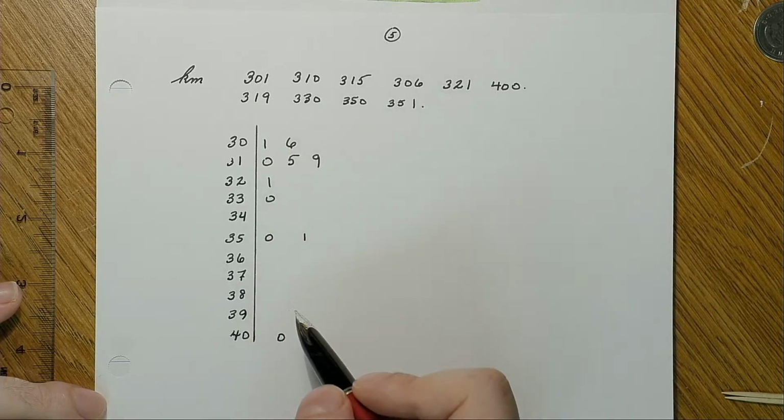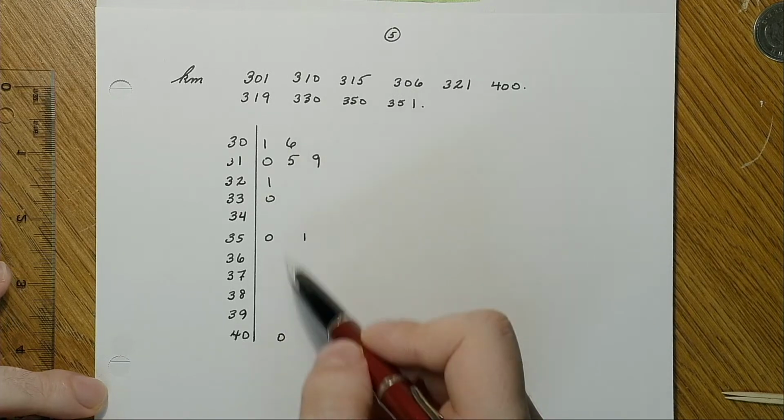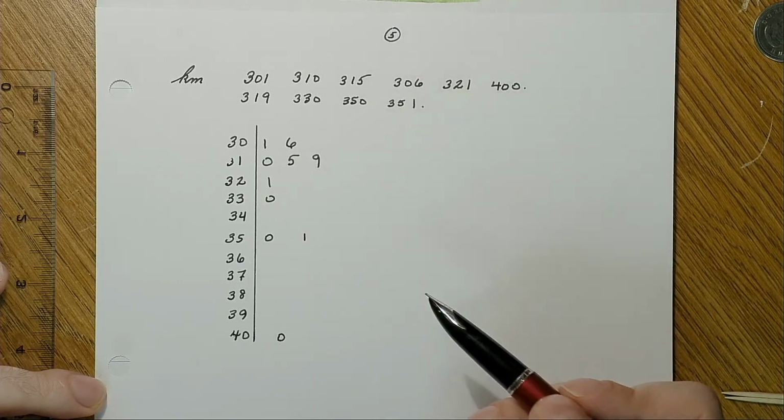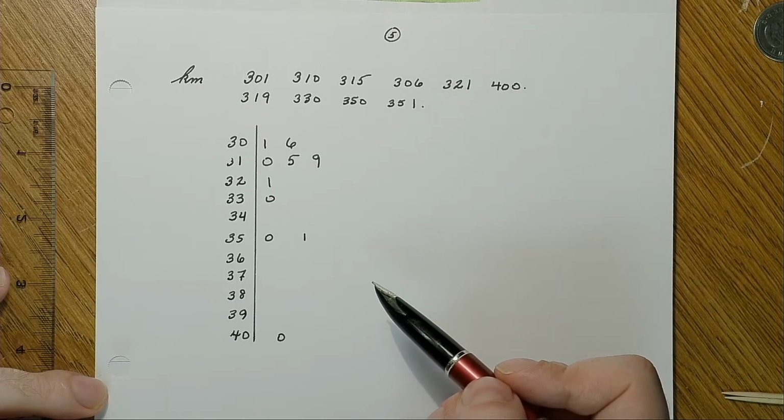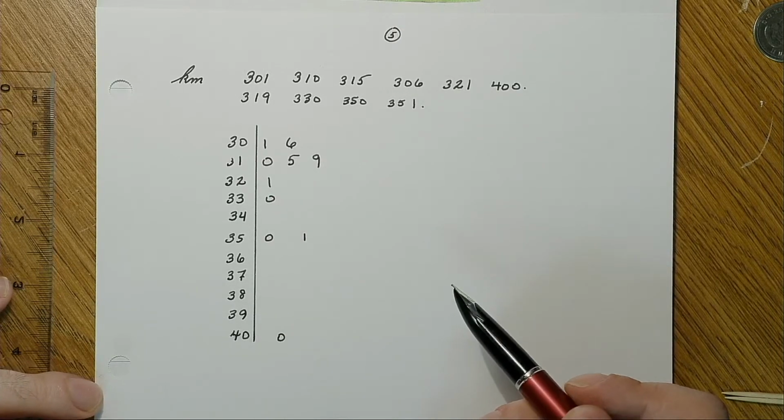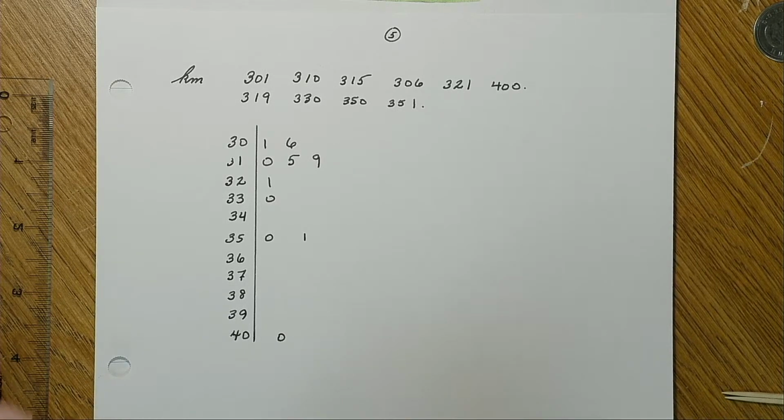Again, it gives us a quick way of collecting data. We can also see the extremes, the gaps in the data, the spread, and the location as well. Okay, I hope that helps.